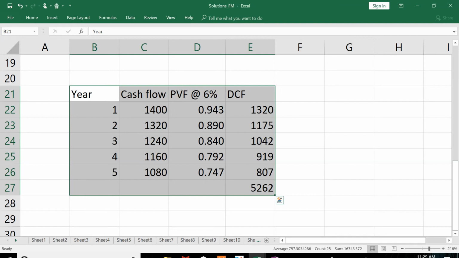It has to be more than 5,000 because people are expecting only 6%. If people expect 8%, we will get exactly 5,000. What the bond pays vis-a-vis what people are expecting.